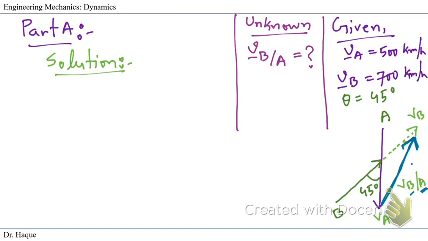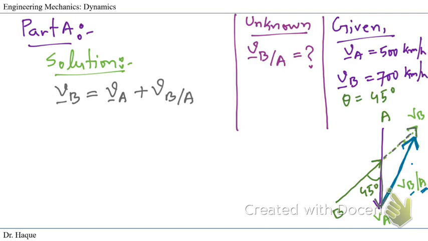So let's write our equation, which is VB equals VA plus VB/A. We have VA and VB, and we're looking for VB/A.